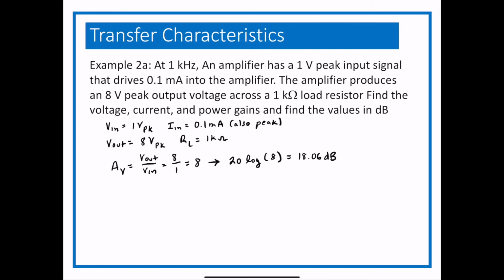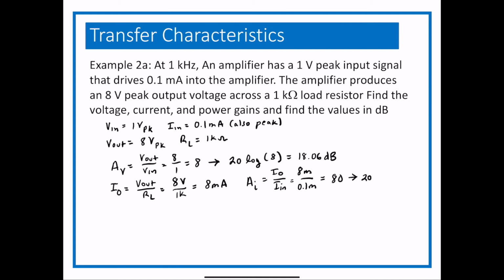The current gain, first we need to find the output current. The output current is going to be Vout over RL. So that's going to be 8 volts divided by 1K, and that gives us 8 milliamps. So AI is going to be Iout over Iin, which is 8 milliamps over 0.1 milliamps, and that's going to give us 80.